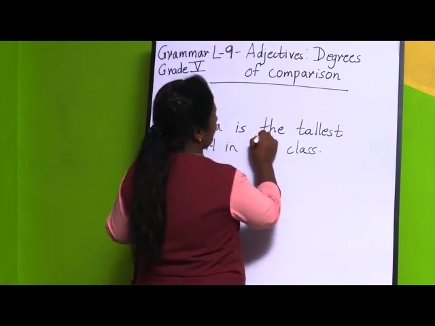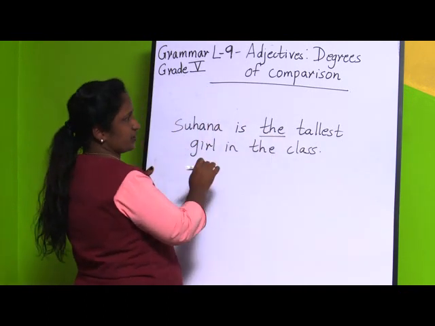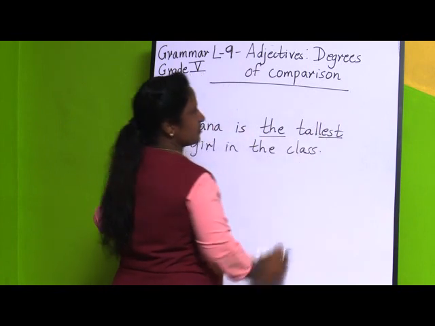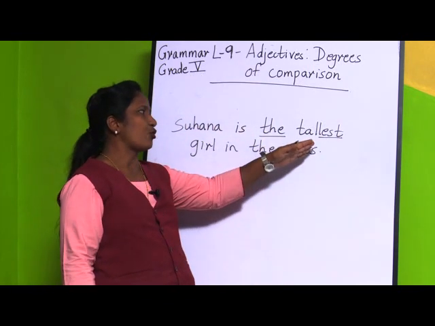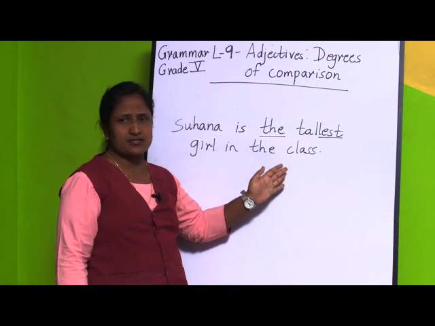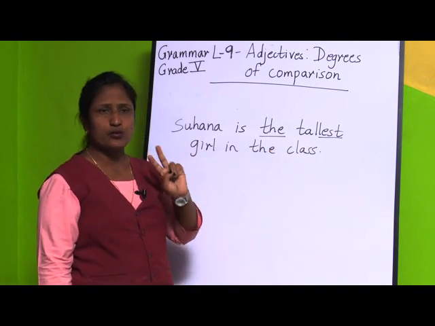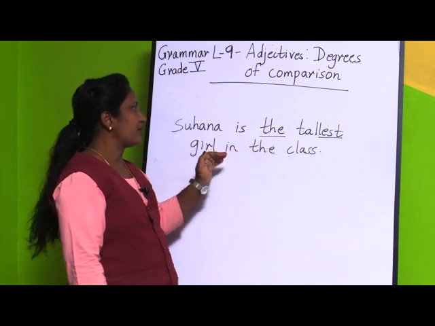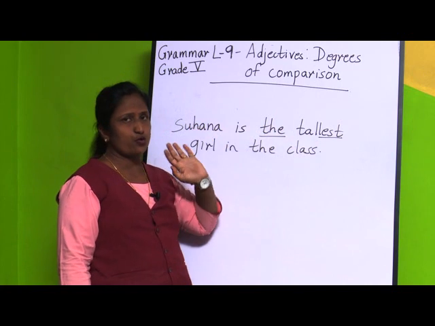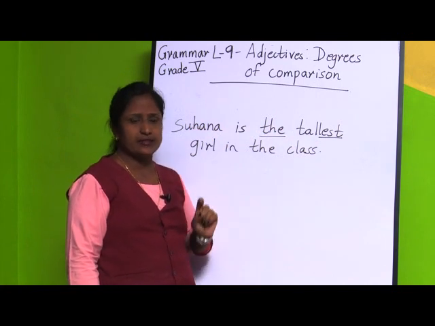We are going to add only the before an adjective, and tallest, why is it? Because we are talking about superlative degree. The comparison will be between more than two. We have to add the before an adjective, and we have to add est. Why? Because we are talking about superlative degree.